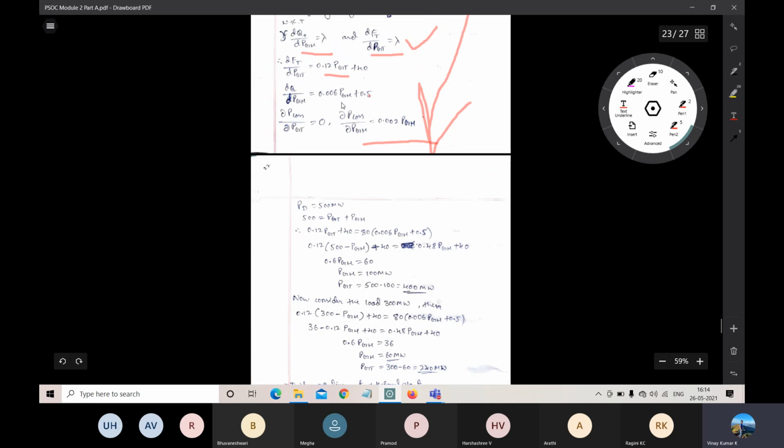So here we get PGT. How? By using this equation: 0.12 PGT plus 40 is equal to 80 into 0.006 PGH plus 0.5.